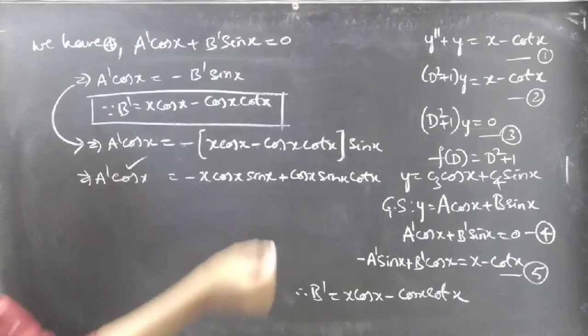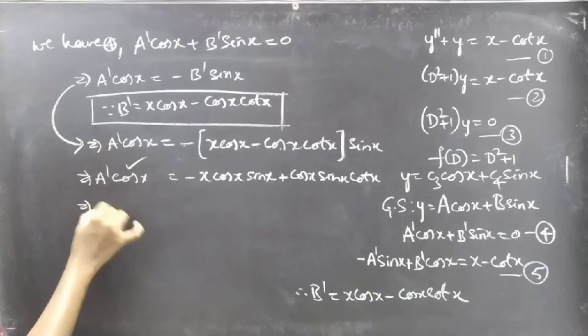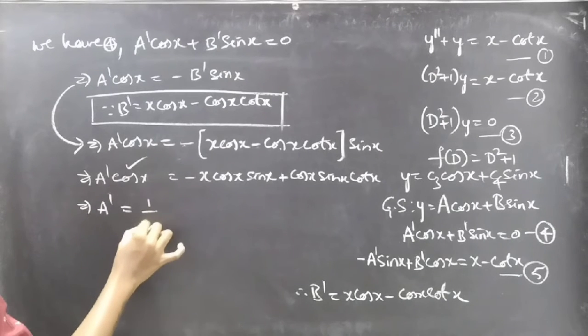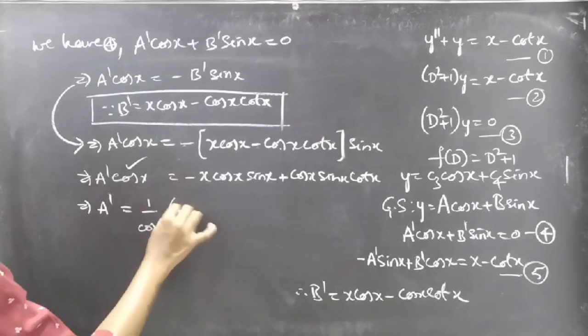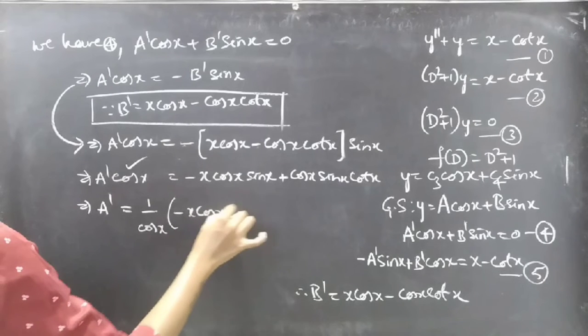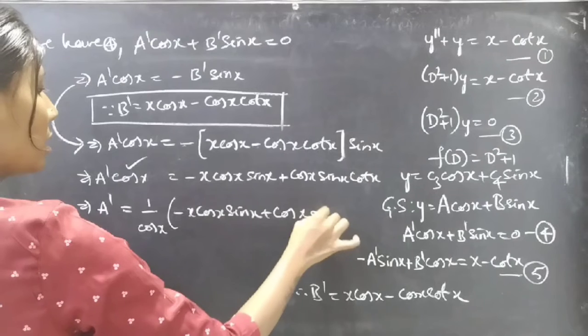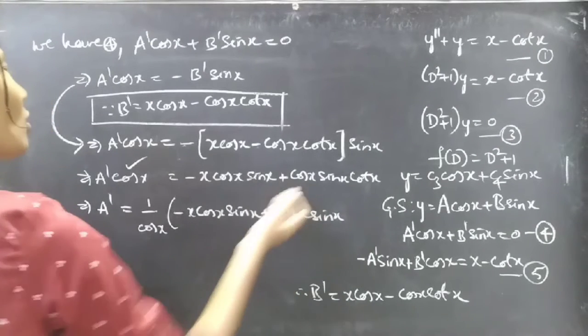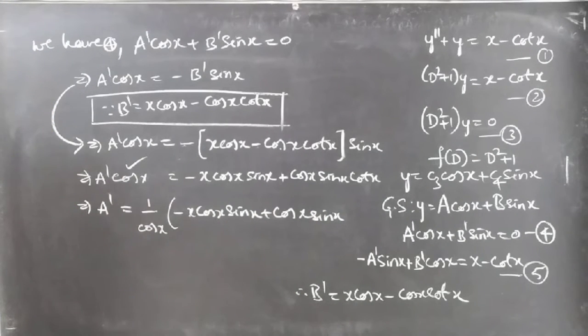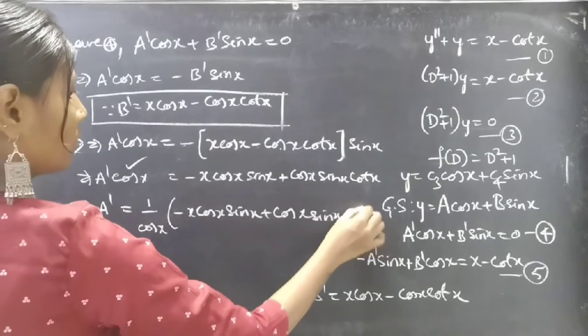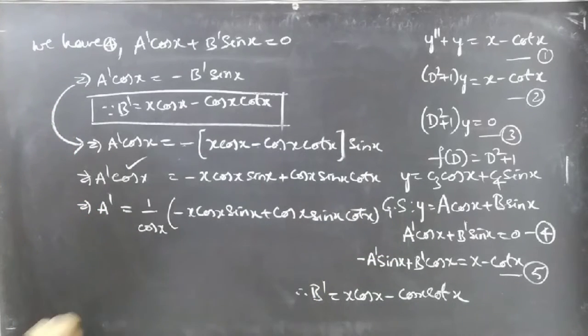Now take this cos x to RHS, we'll get a dash equals 1 by cos x into minus x cos x sin x plus cos x sin x cot x, or you can take cos x common from these two terms. Okay, it will be easy. Right?